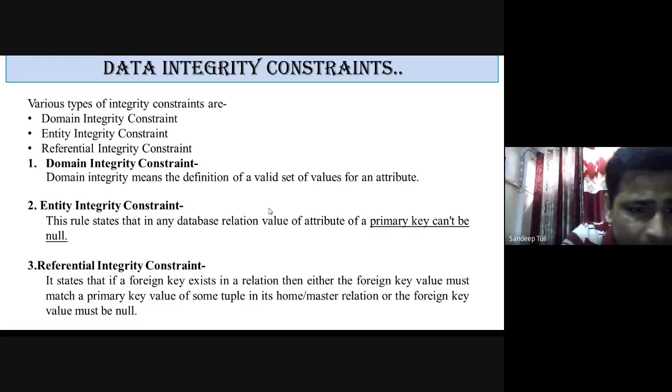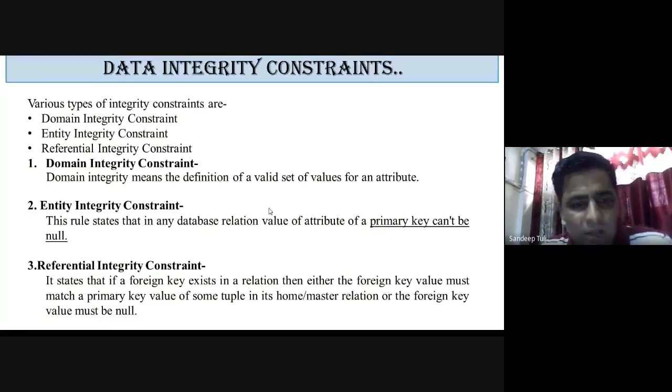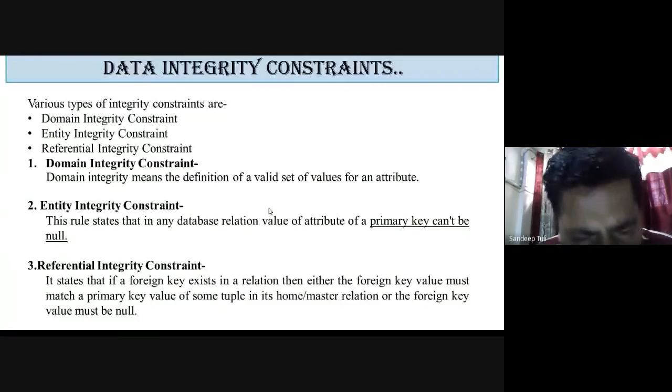The first one is the domain integrity constraint, which says that domain integrity means the definition of a valid set of values for an attribute. Say I am taking the example of age. I have an age attribute in my table. Logically, what could be the value of age? It should be between 0 and 100, or between 0 and 120, but it should not be negative.